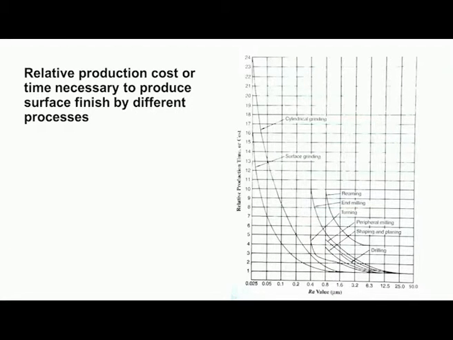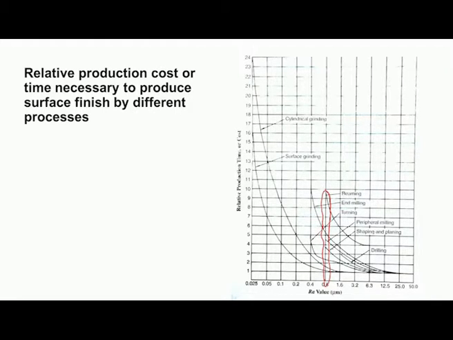A 0.8 micrometer Ra value can be obtained by many operations like drilling, and shaping and planing will also give 0.8 micrometer Ra value, and then peripheral milling operation. It is also possible to have this finish by turning operation with proper usage of machining parameters, and end milling we can also use, and reaming also will produce this 0.8 micrometer Ra.